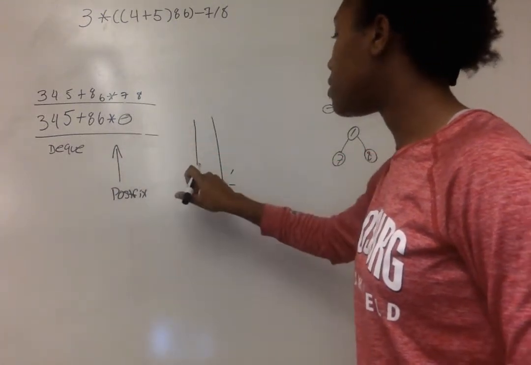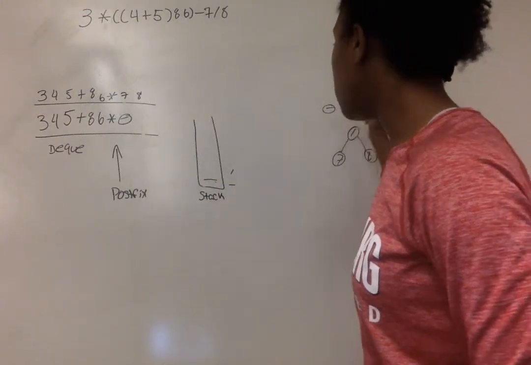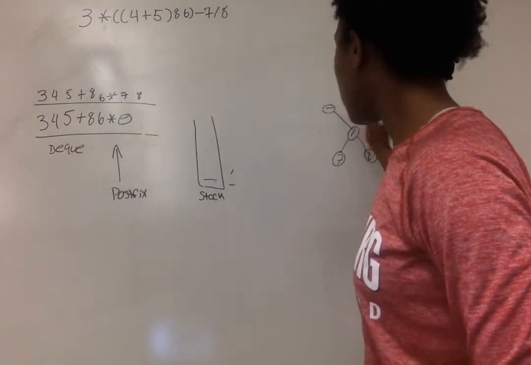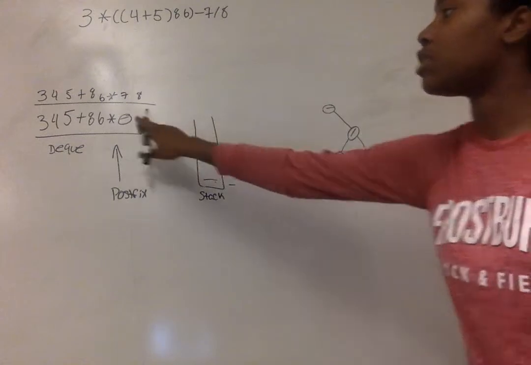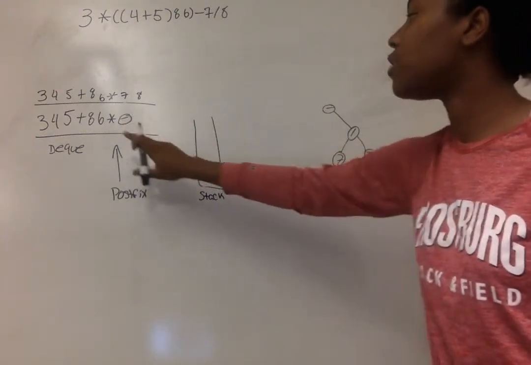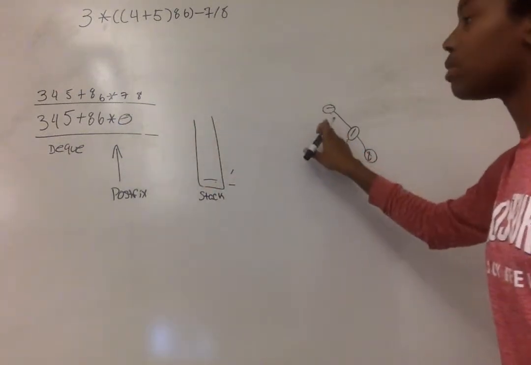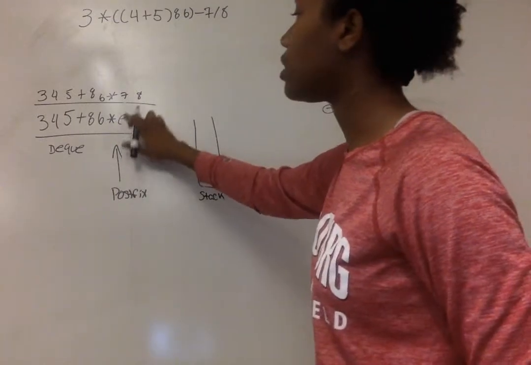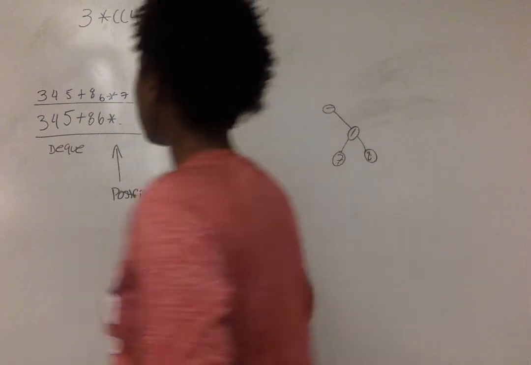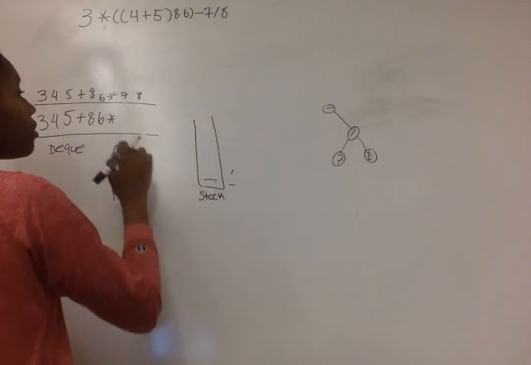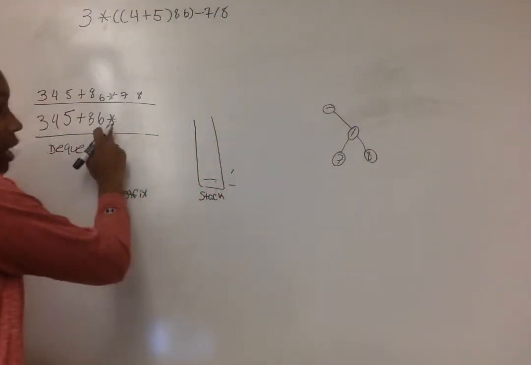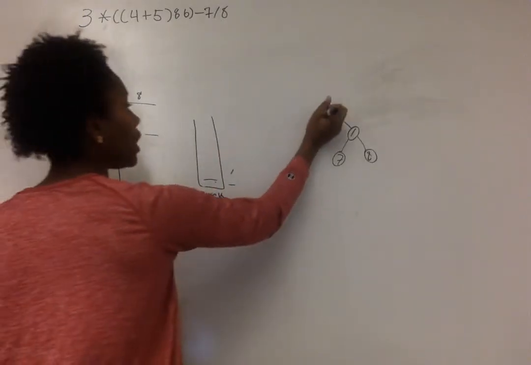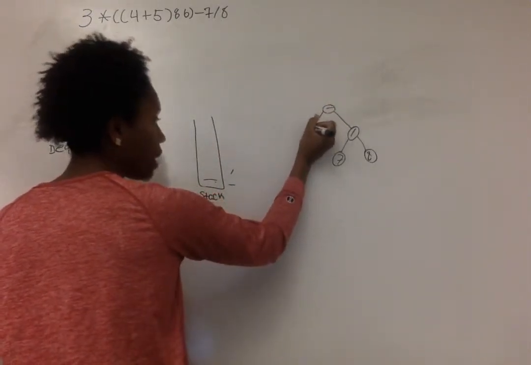So the right of this minus sign is going to be the reference to the division, because remember, the rule is right, left, right. Now we have the multiplication sign, which goes to the left of this minus sign.